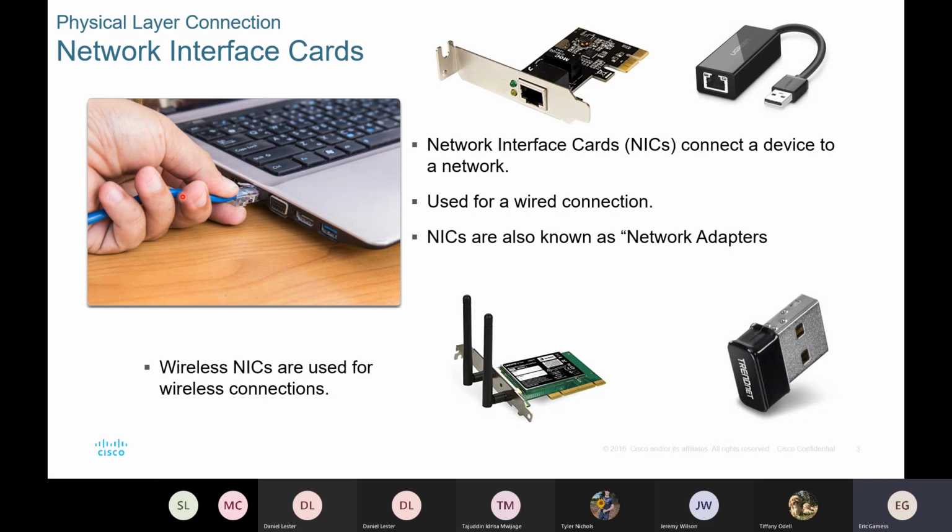Okay, if you want to connect wirelessly, if you don't want to use Ethernet, for example, you can use a wireless network interface card. For example, here we have a Wi-Fi network interface card that we will connect through USB.